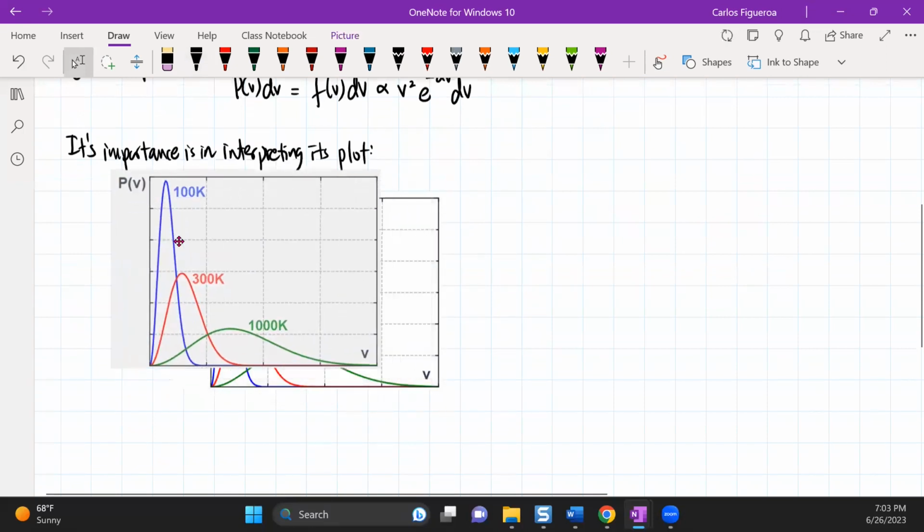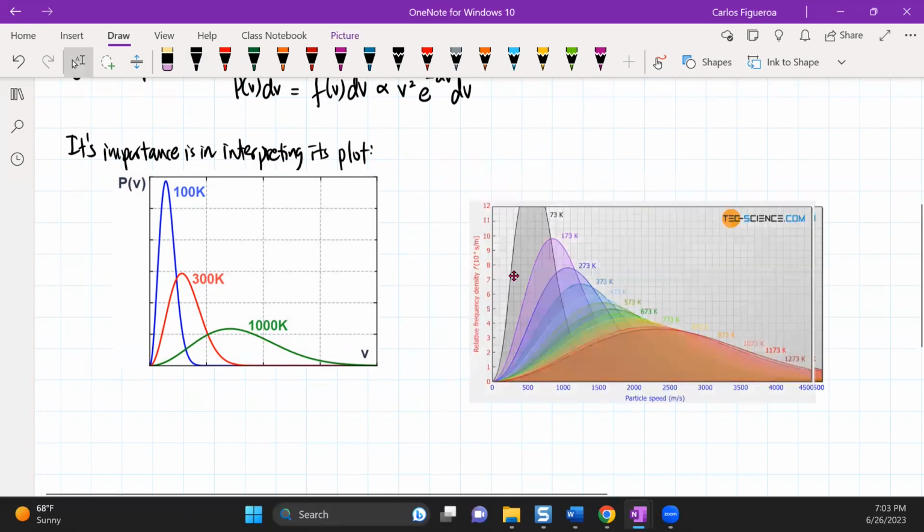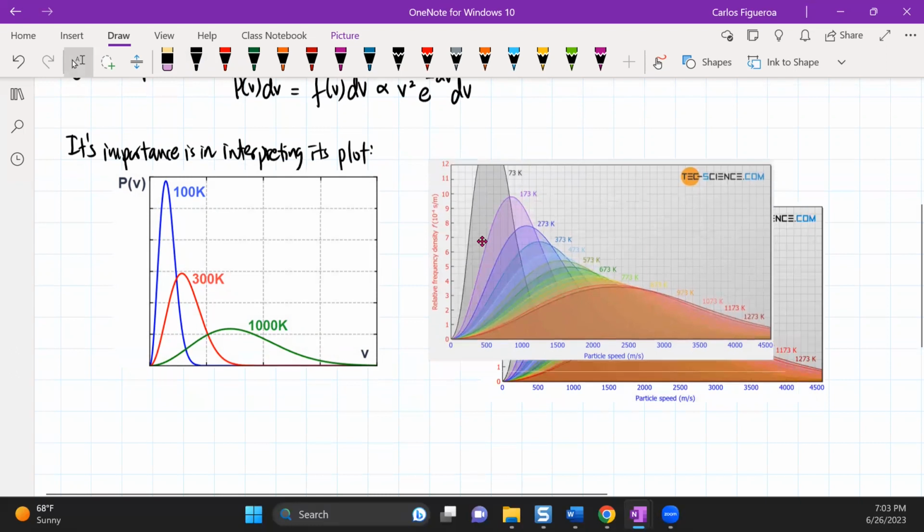What you're seeing here is the probability of velocity versus velocity. And you can see there's a distribution for 100K, 300K, and 1,000K. But the most beautiful curve of all of this is this one right here.